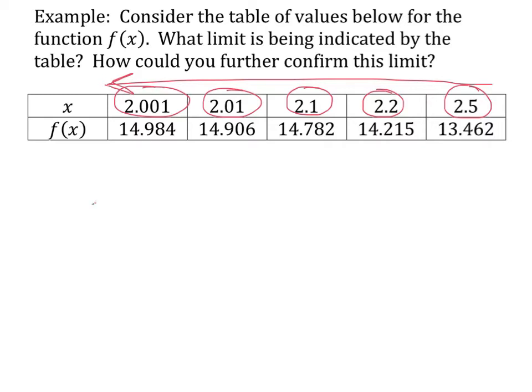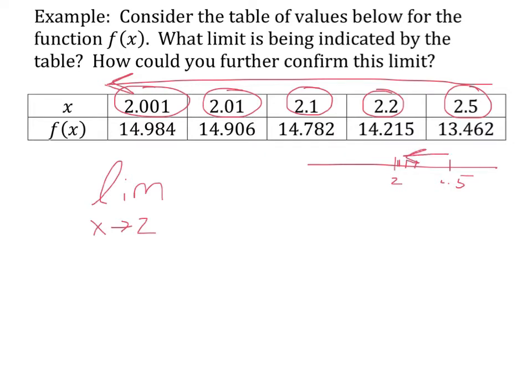And when you read it that way, it really looks like you're approaching 2. And so in this problem, what we're looking at is the limit as x approaches 2. Now, note, I'm not approaching 2 from both sides. Am I approaching 2 from the right or from the left? Well, imagine a number line, and here's the number 2. If I started at 2.5, then went to 2.2, then 2.1, then 2.01, then 2.001, I'm approaching from the right.